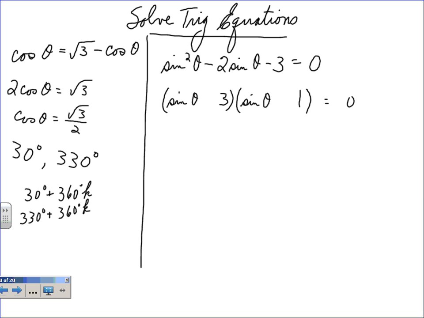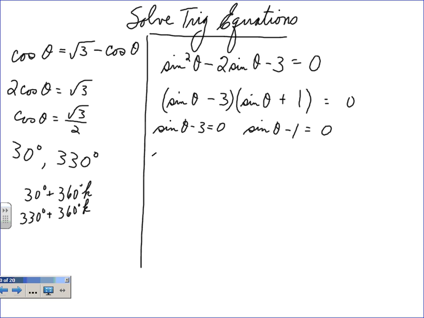Now we have to keep the signs right. The positives and negatives. So negative 3 and plus 1. So sine theta minus 3 has to equal 0, or sine theta minus 1 has to equal 0.